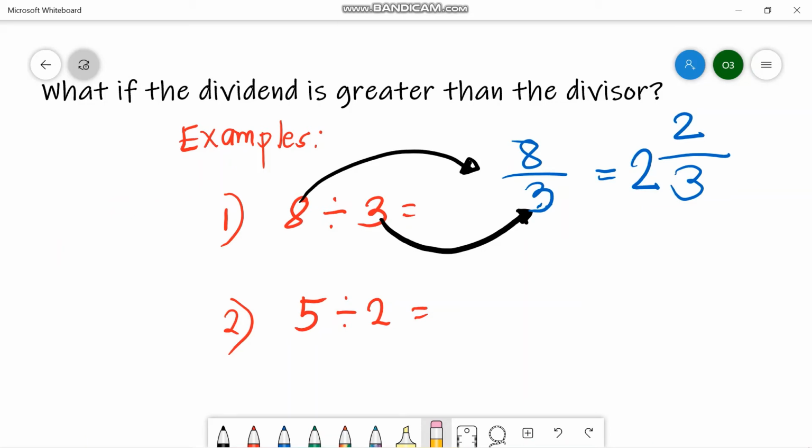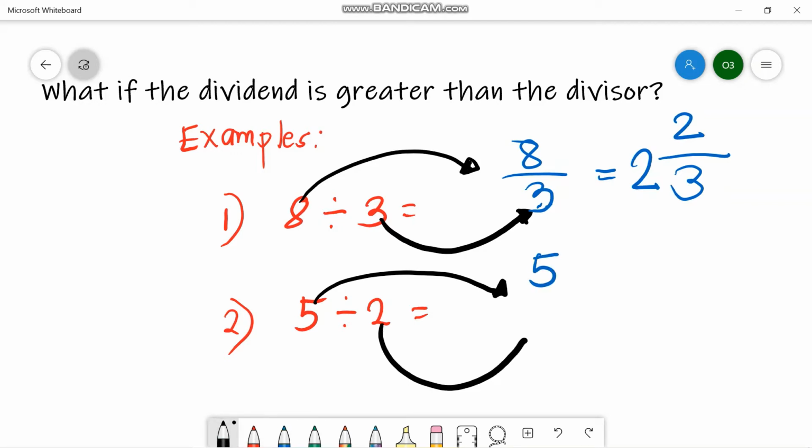5 divided by 2. So again, we can write this as 5 as the numerator and 2 as our denominator. 5 over 2. So again, this is an improper fraction.